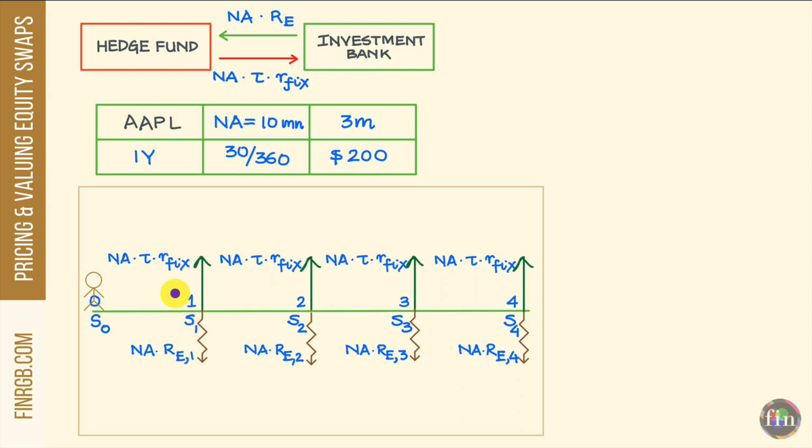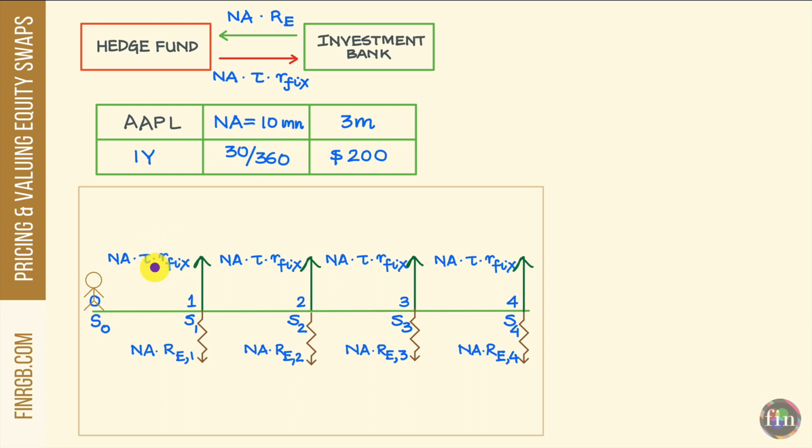Now the investment bank is periodically receiving these fixed cash flows. These cash flows are calculated simply as the product of the notional amount, times the accrual period expressed in years. Because this period is 3 months, this tau, which is my accrual period, will be equal to 0.25, and this times the fixed rate of interest.